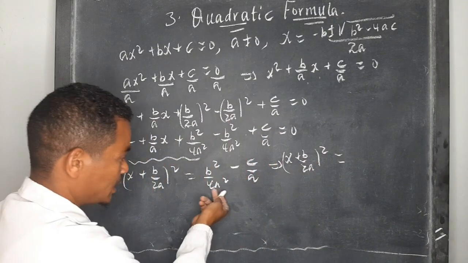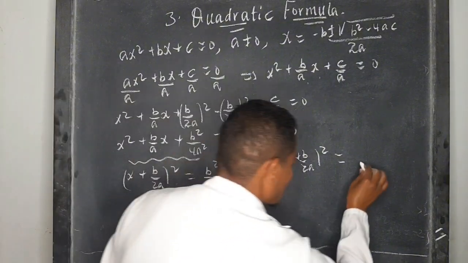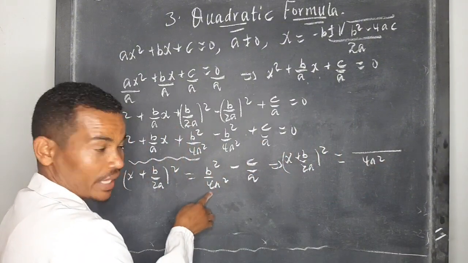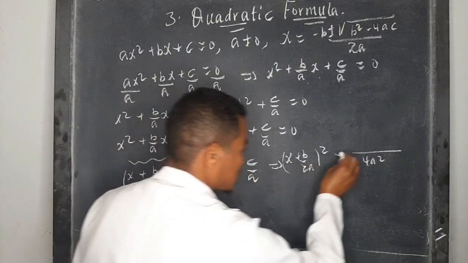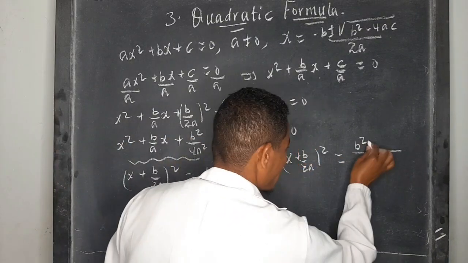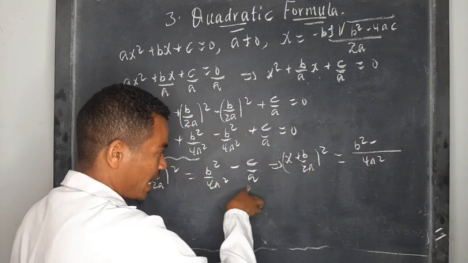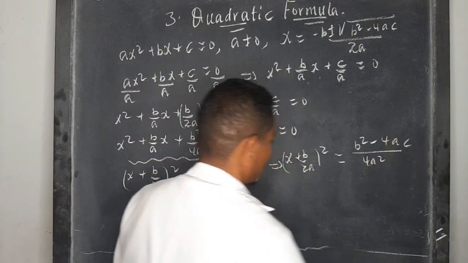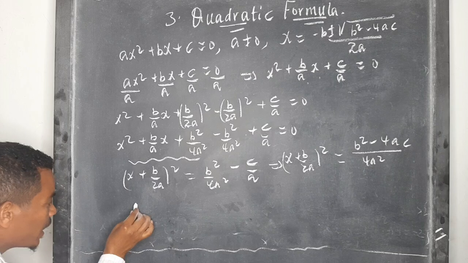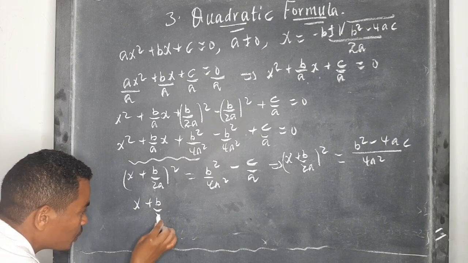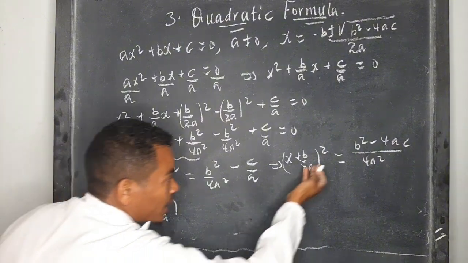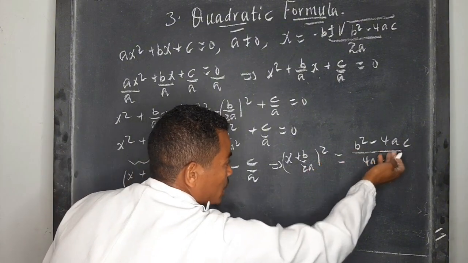This implies x plus b over 2a the whole square is equal to, taking the LCM of 4a square and a, which is 4a square: 4a square divided by 4a square is 1, 1 times b square is b square, minus 4a square divided by a is 4a, times c is 4ac. So x plus b over 2a the whole square is equal to b square minus 4ac over 4a square.